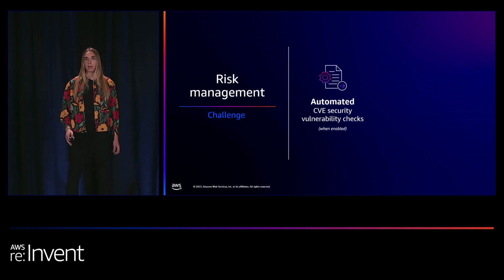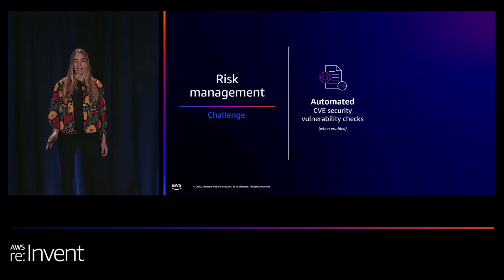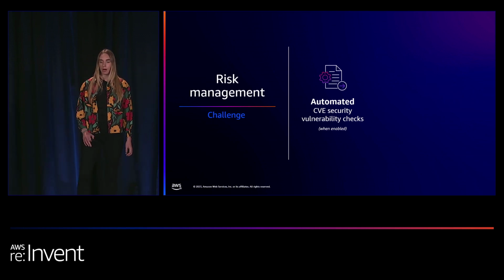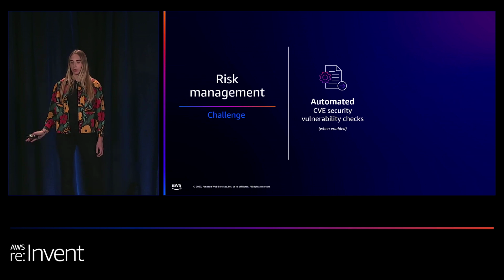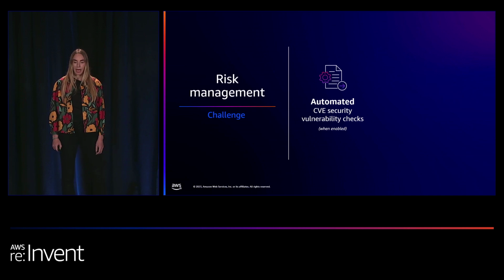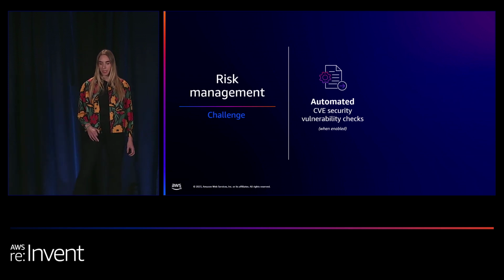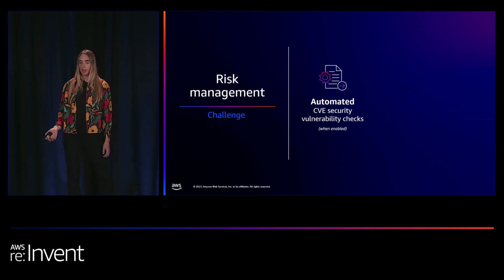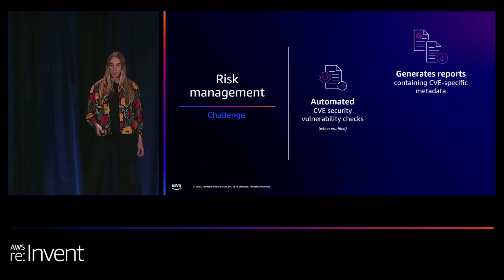So again, with the automated theme from the previous challenge, you can enable these automated CVE security vulnerability checks, which is really great. They maintain a list of known vulnerabilities, and they track the evolution of the number of unpatched CVEs and the status of the patches. With the CVE check enabled, BitBake will also try to map each compiled software component's recipe name and version information to the CVE database and generate recipe and image-specific reports.